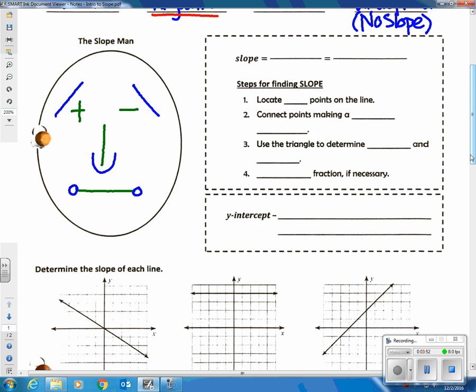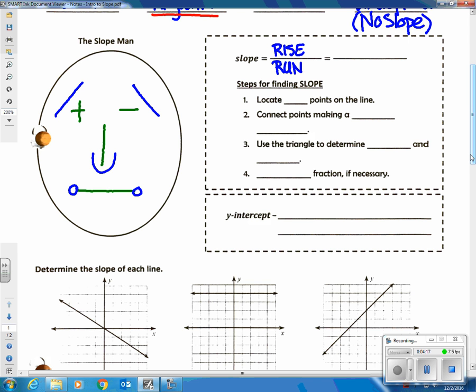Okay, so a couple of things to know here. Slope is equal to what we call rise over run. And we're going to work with that a little bit more. I'm going to show you what that means as we get to looking at some of the graphs and all. But you do want to kind of keep that mantra in mind, rise over run. You're going to hear that an awful lot, not only in Math 8 pre-algebra, but also as you move forward into algebra.